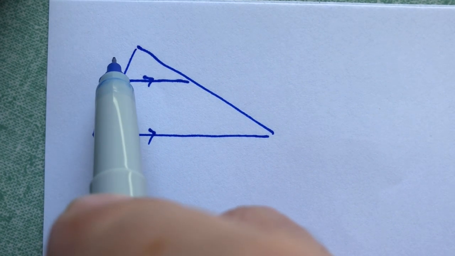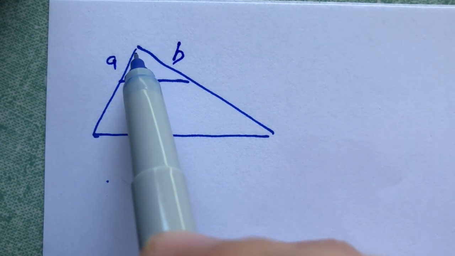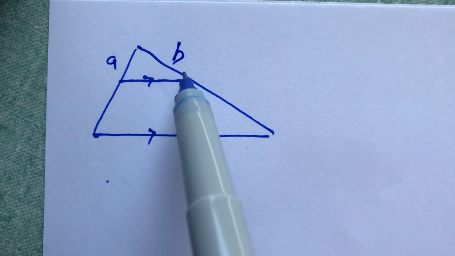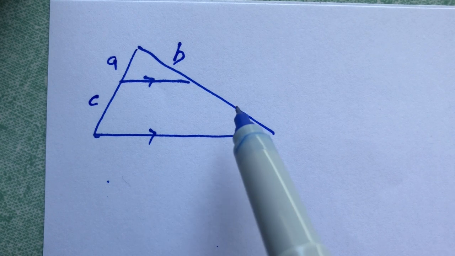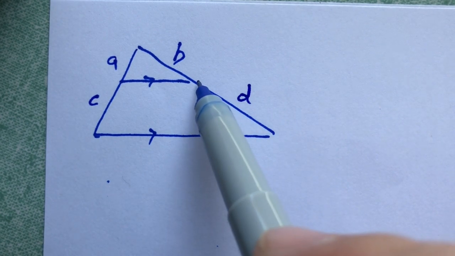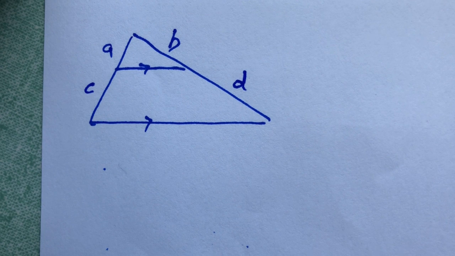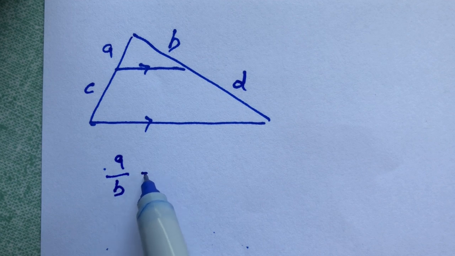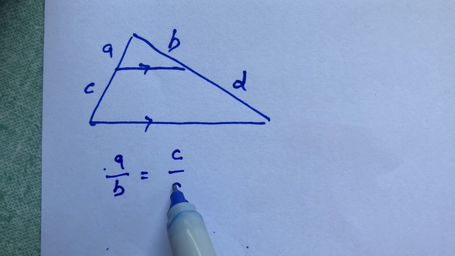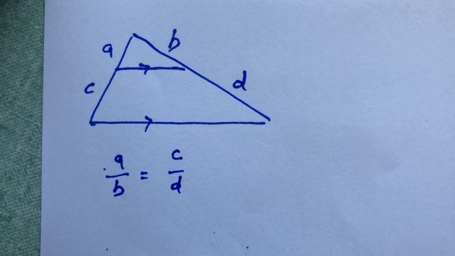If I call this little piece A, and this little piece over here B, where A is from the tip to here and B is from the tip to here, and I call this piece C and this piece D over here, from this parallel line to this parallel line, we can write a proportion: A over B is equal to C over D. So it splits these up into proportional pieces, and we can use that information to solve for missing parts.